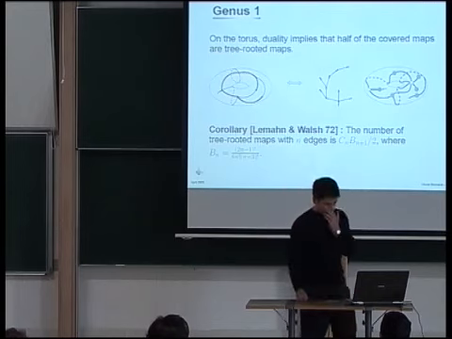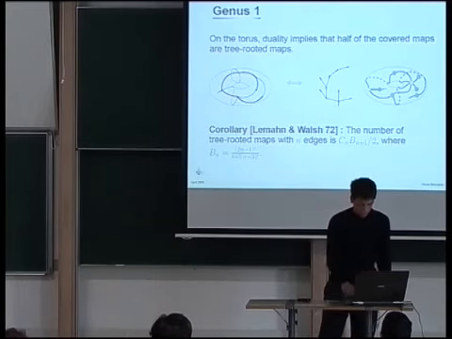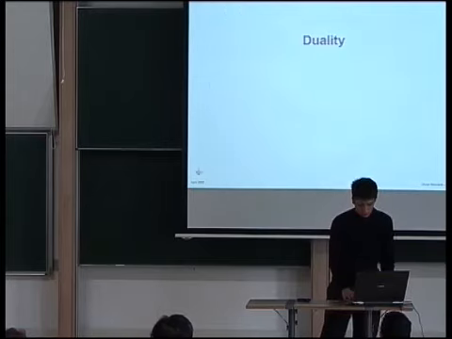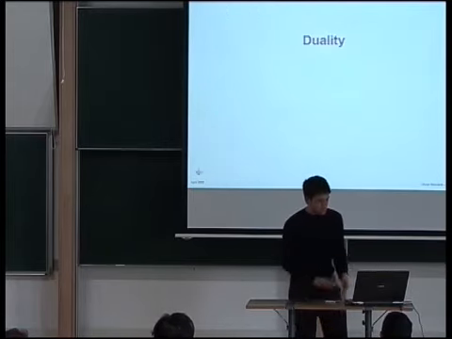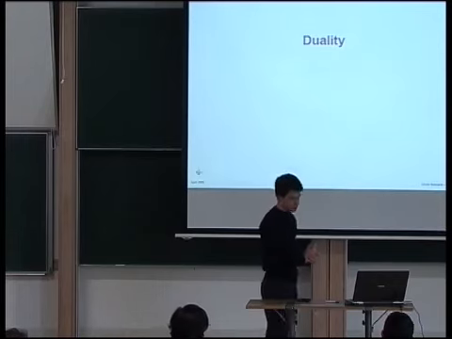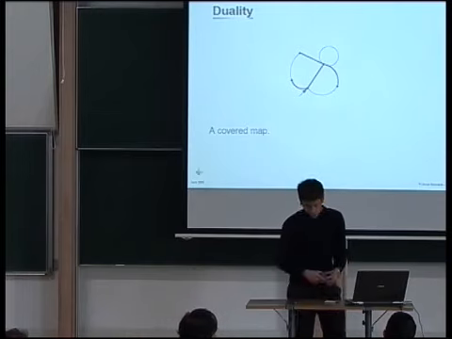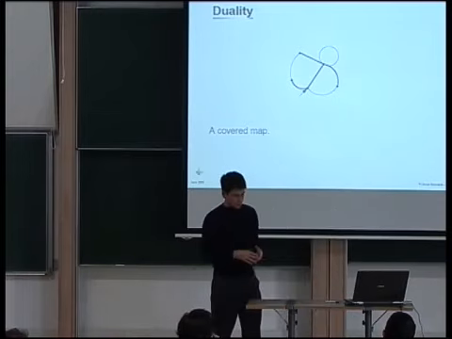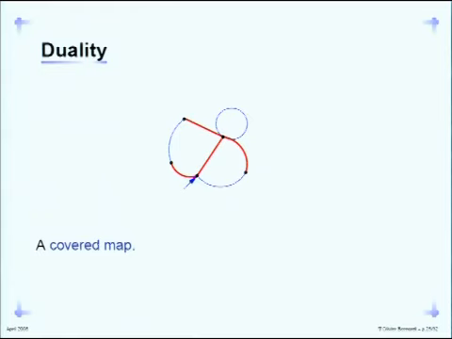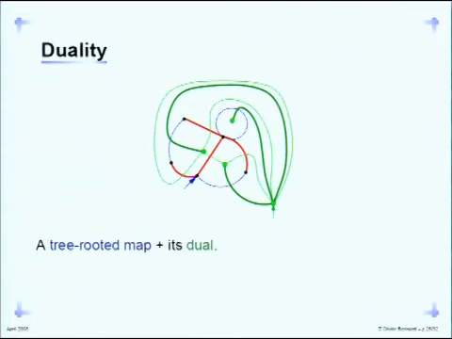Okay, so this was for the general bijection. Now I want to say a few words about duality of this bijection. As I said, these covered maps are dual objects. If I take the dual of a covered map, it is a covered map. And the bijection behaves very well with respect to this duality.